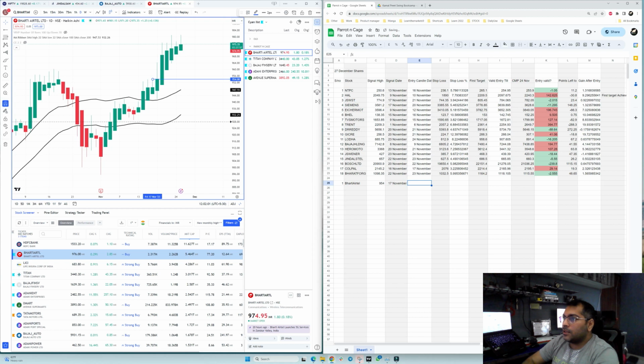And the next is the entry candle date, which is 20 November. Now to select the stop loss, on the candle which you marked your entry, again take a ray and mark the lower band.